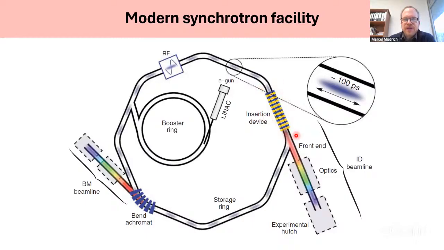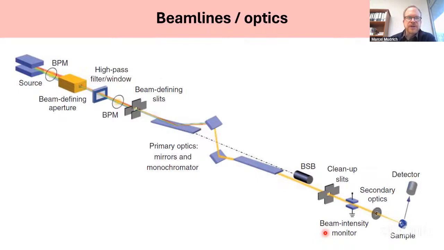Mainly the insertion device or undulator, which is the main device where radiation is produced. And so last time we followed the path of the photons that are emitted from the undulator and then propagate onwards through the so-called beamline. And of course, the beamline contains many different components.